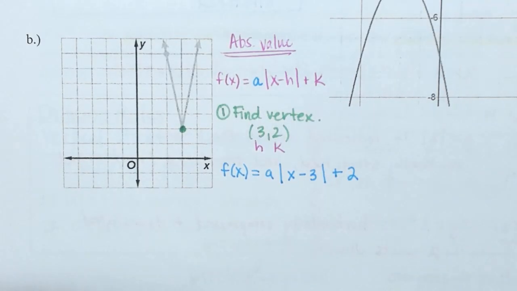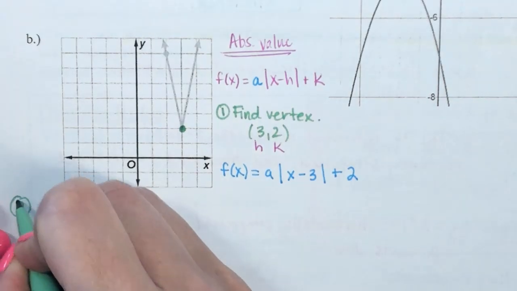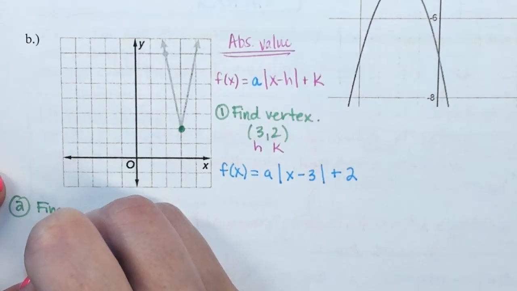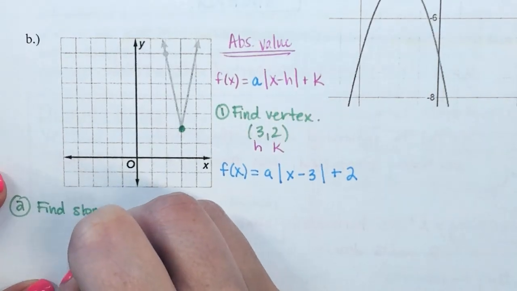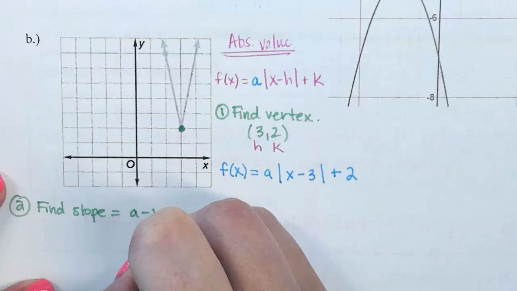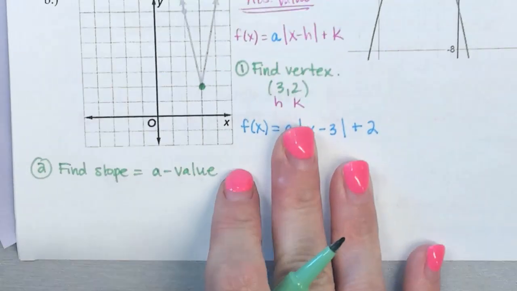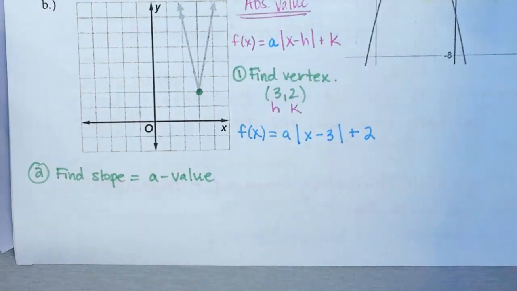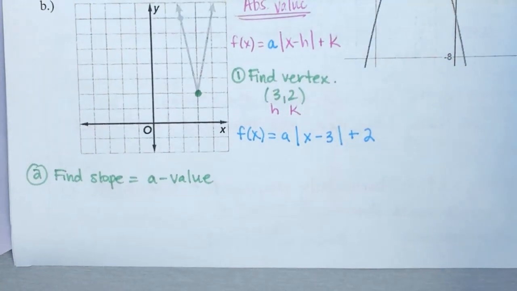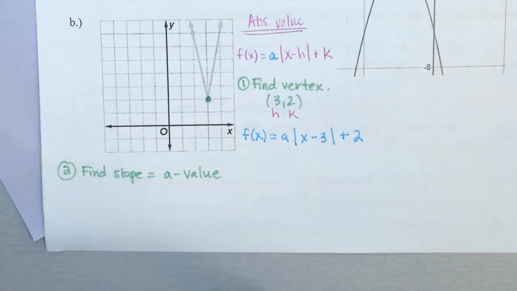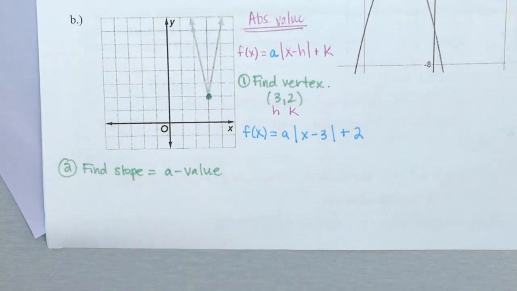In order to find the a value, all you have to do is find the slope of one of those lines. Okay, so you're going to find the slope, and that is equal to your a value.